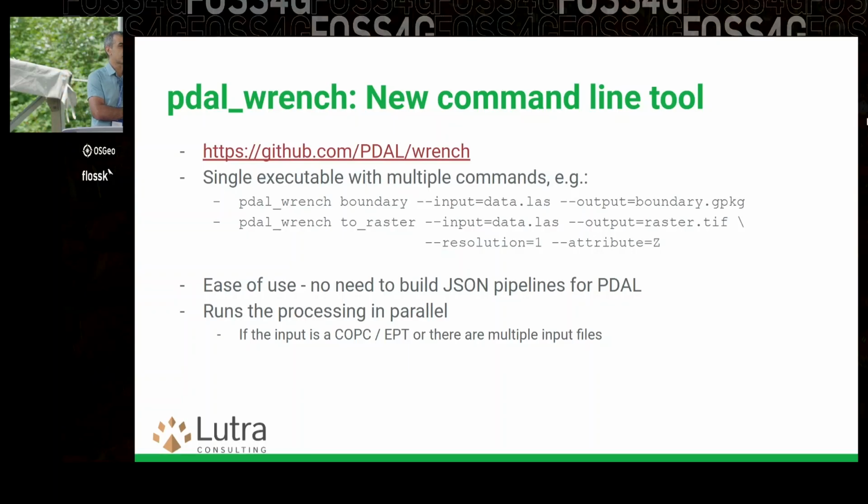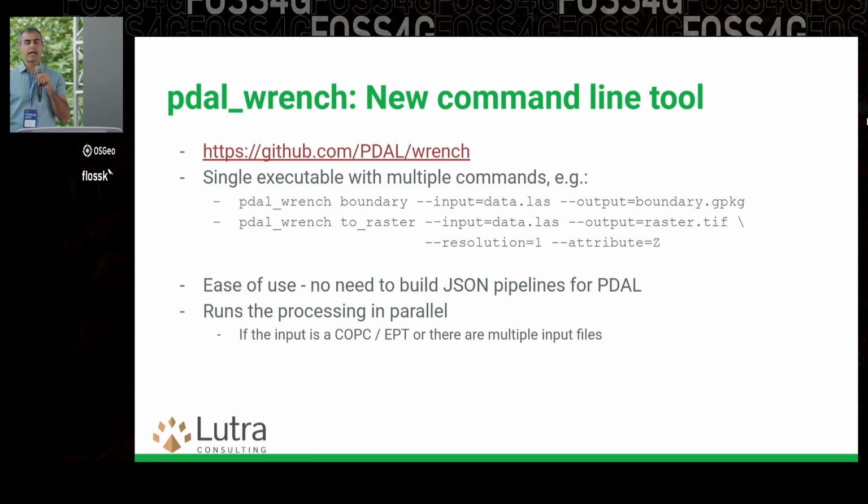What we did, we wrapped up all those functionalities in a new tool called PDAL Wrench, and it creates a script, for example, in this case, to convert your point cloud to a boundary. You can run it either from the terminal, your shell, or it's integrated within QGIS as a processing tool, and you can run it from there.